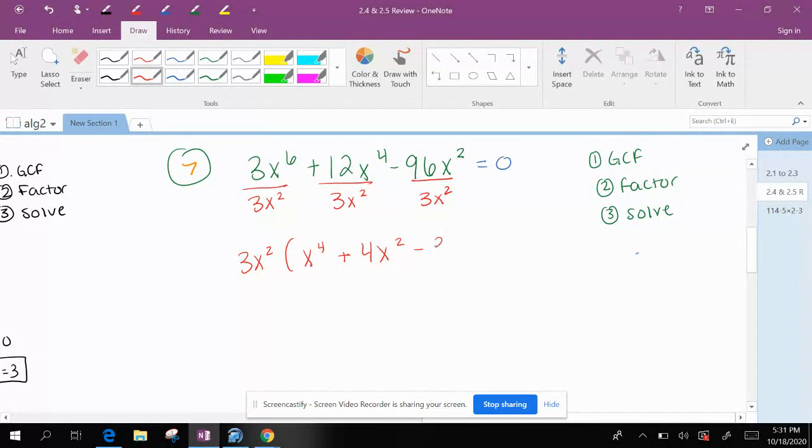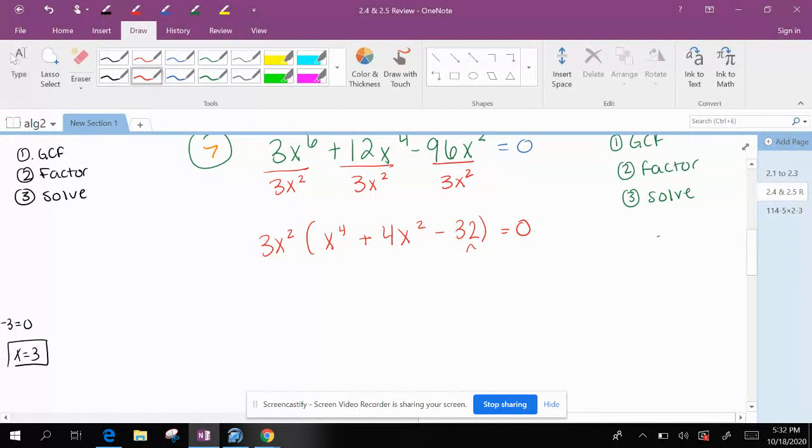Yes, it is. I'll continue to write equals 0 just as a little self-awareness that you have to set all these equal to 0 at the end. Factors of 32 that get 4 would be 8 and 4.